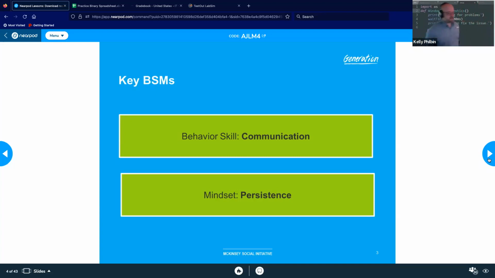Also, mindset we want to keep in, especially when troubleshooting and working on problems and trying to better our understanding, and especially in this class, persistence. There was an old quote, I think it was attributed to Michael Jordan, I can't remember, but it was something along the lines of work beats talent when talent doesn't work.